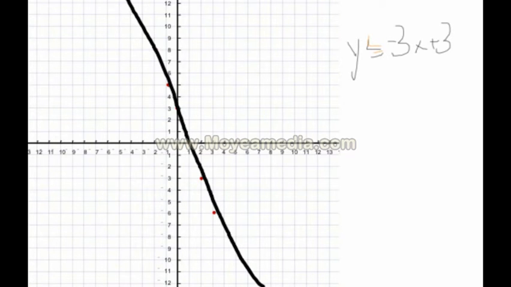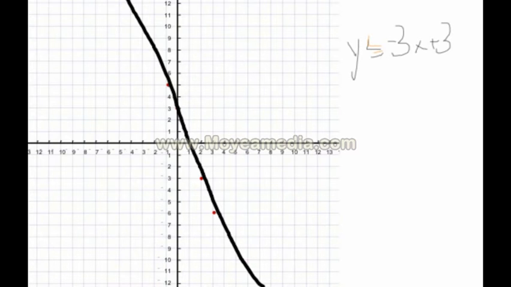And what I really want to look at is what does it mean for y to be less than or equal to that line? So where is it less than? So let's look at x equals 3.